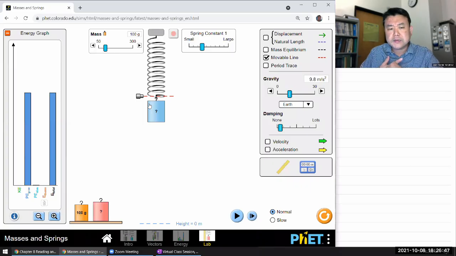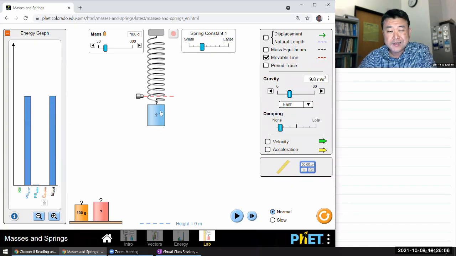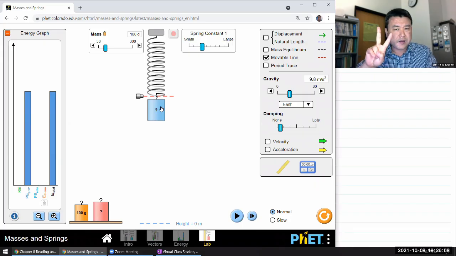it's more complicated than it needs to be, because how much the spring is stretched and the height of the mass are actually tied together. So it's going to be only one thing. And so to be treating them as two separate things, there's some sense of inefficiency there.